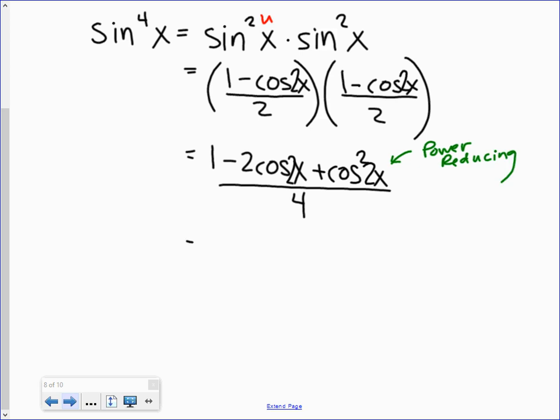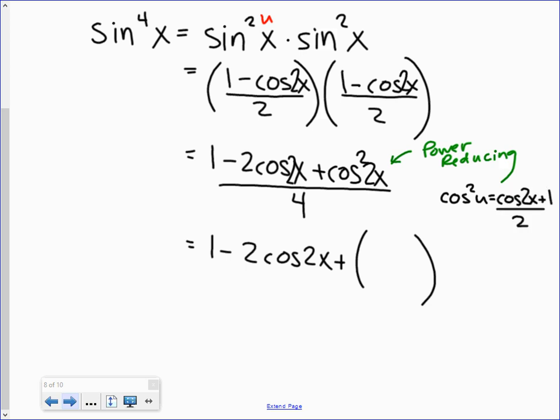So I've got to use my power reducing for cosine. Okay, so tell me for cosine squared u, is it cosine 2x plus 1? Yeah. Okay, cosine 2x plus 1 over 2. Okay, so we want to put that in here.